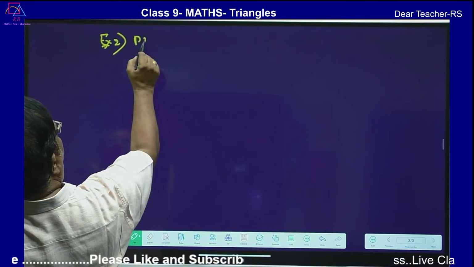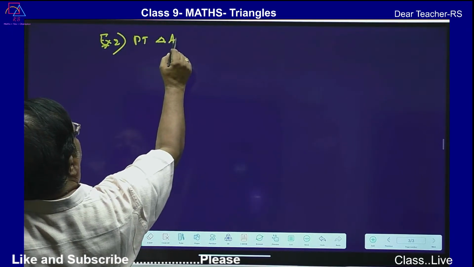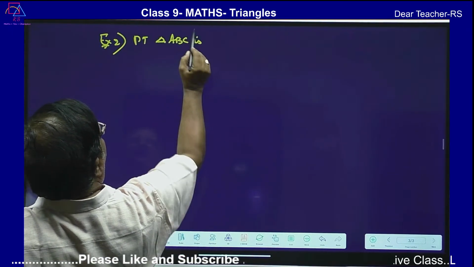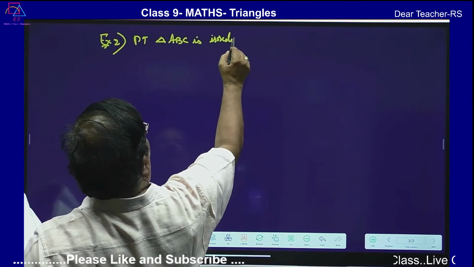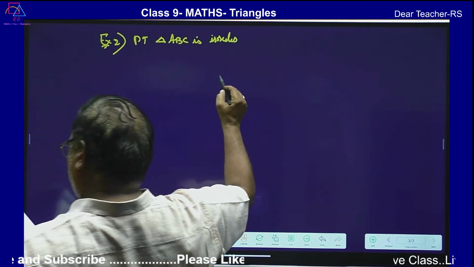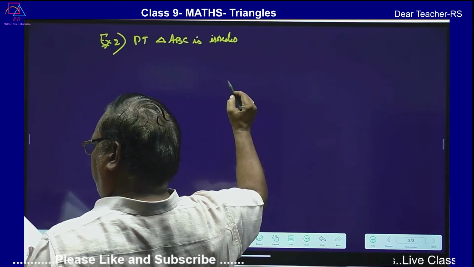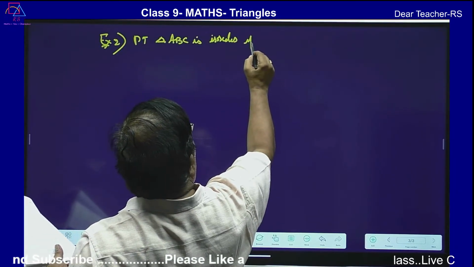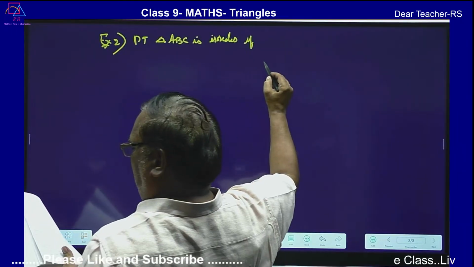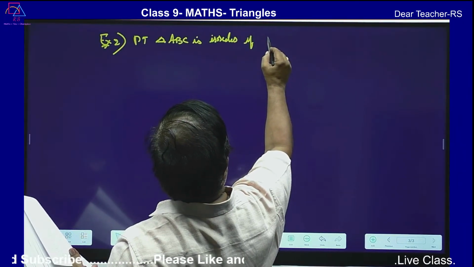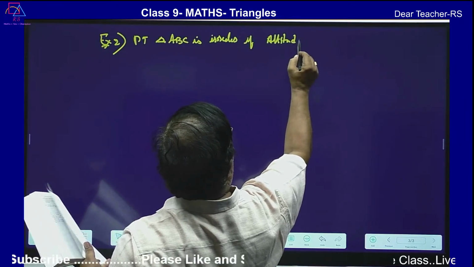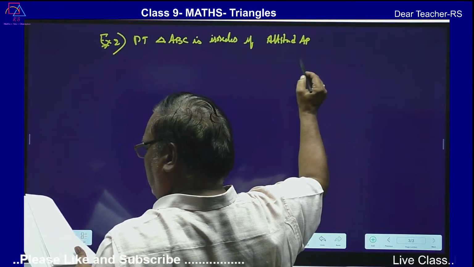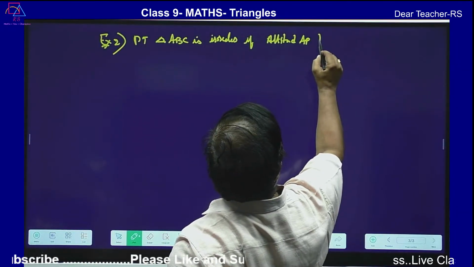Prove that triangle ABC is isosceles if altitude AP bisects BC.